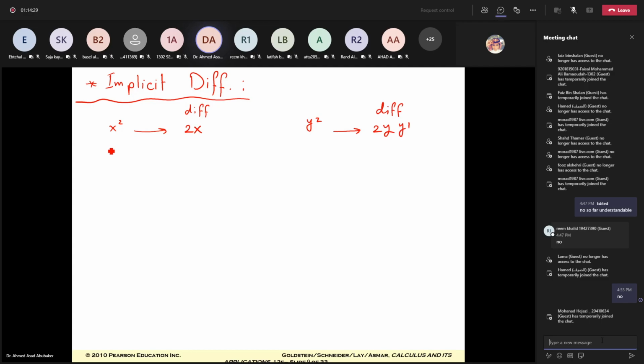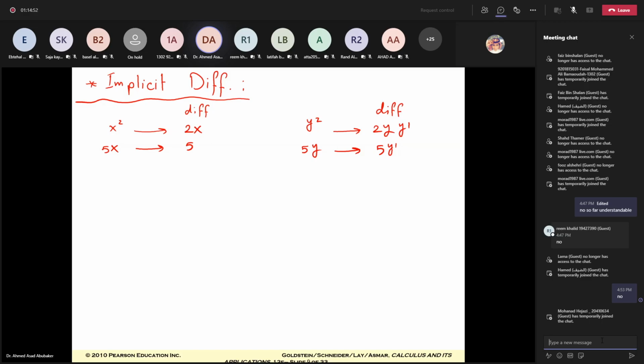Another example, if we have, for example, 5x, the differentiation is 5. But in 5y, the differentiation is 5, okay, but must be multiplied by y prime. When we find the derivative of y by the rules, it must be multiplied by y prime.